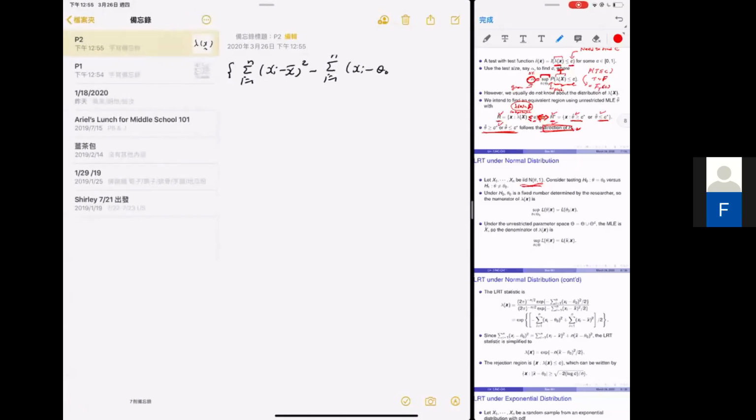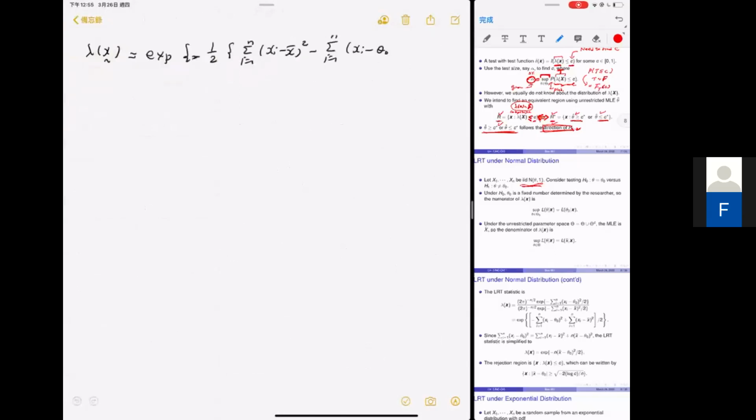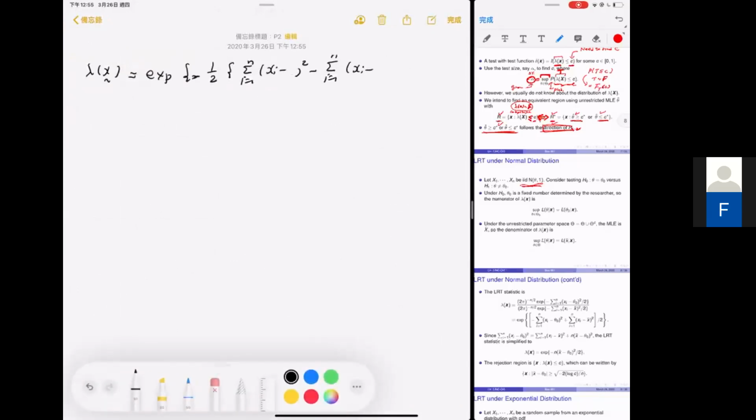Maybe I messed up, just thinking about it, theta first, then x bar later. So theta 0 first, then xi right here, then x bar squared later on. So be careful about the brackets. Okay, I think it's good.